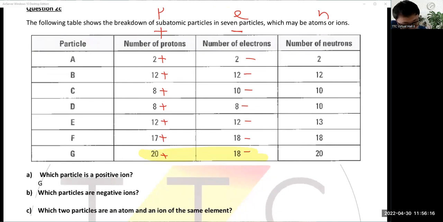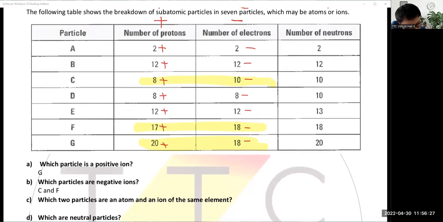Then a negative ion has negative more than positive. So we check here, negative more than positive. We have C and F. Which two particles are the atom and ion of the same element? The element depends on the proton number.